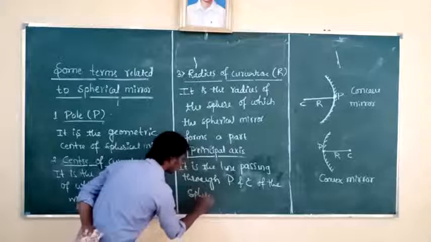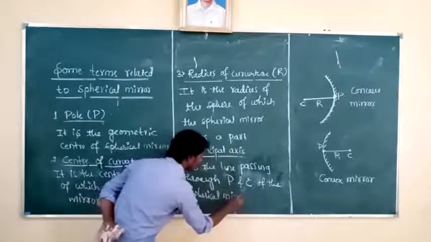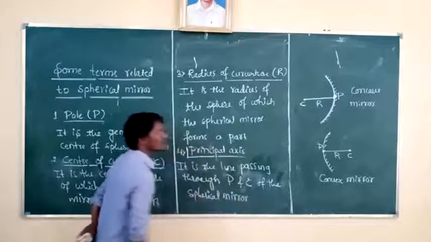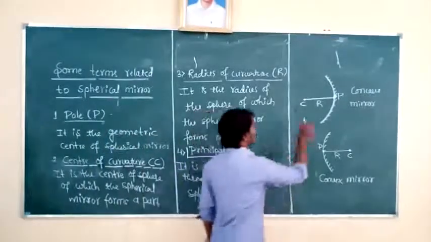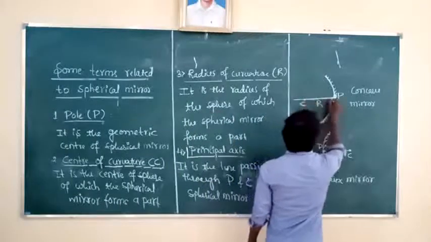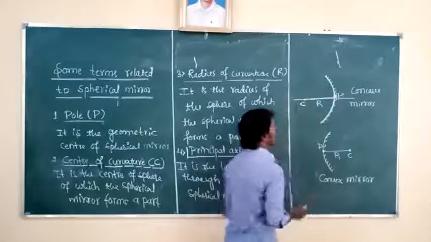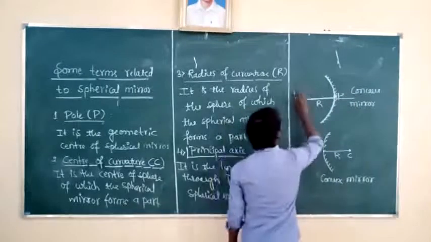And this line is extended on both sides. This principal axis is extended on both sides. So it is a line which is passing through the center of curvature and extended on both sides. This line is called the principal axis.